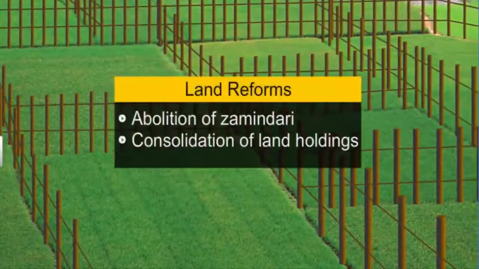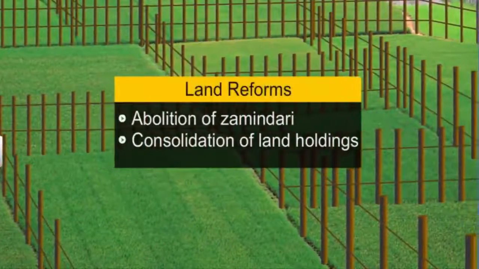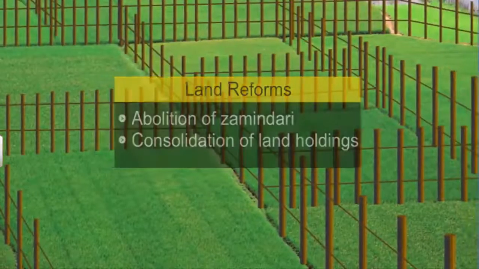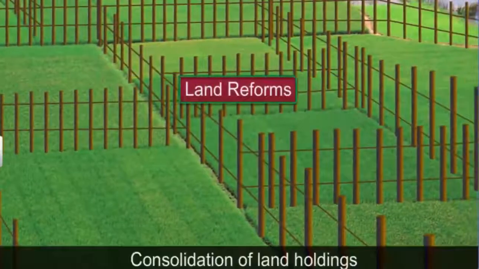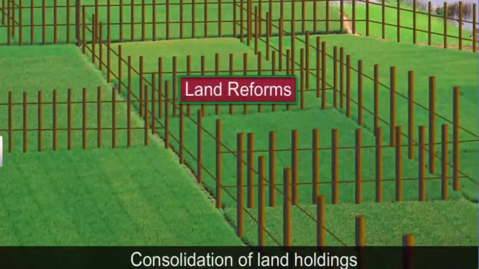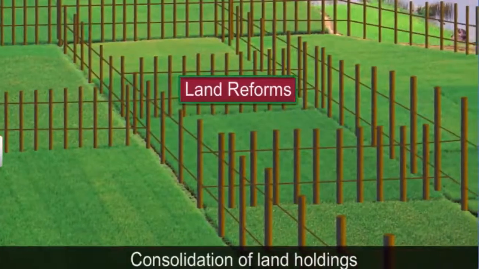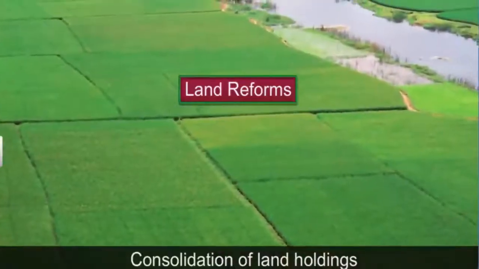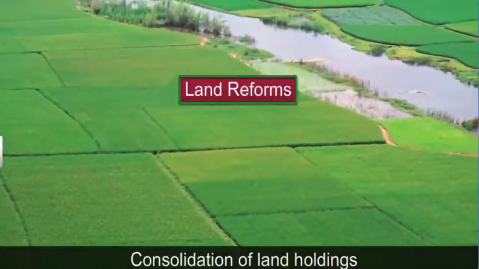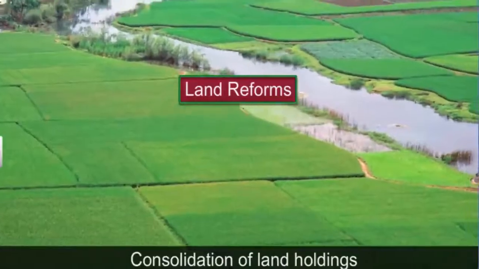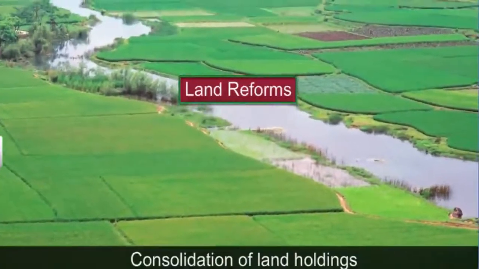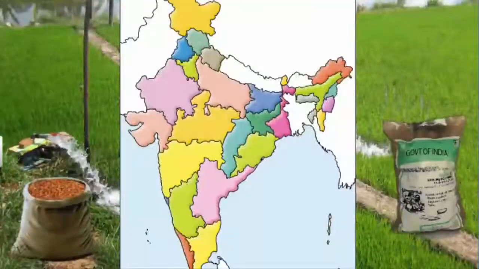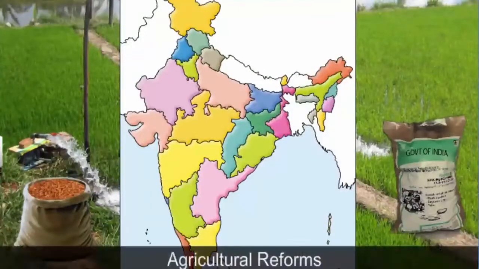The land reforms initiated in the first 5-year plan aimed to abolish zamindari and consolidate land holdings. The consolidation of land holdings involved combining adjacent small fields into single large farms and encouraging individual landowners to do cooperative farming.